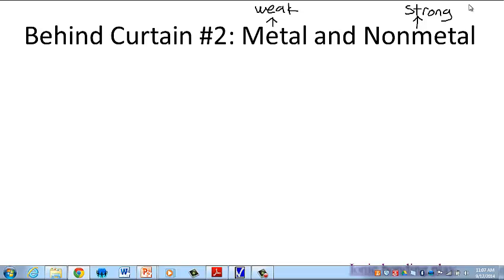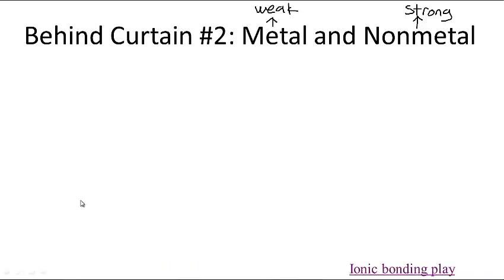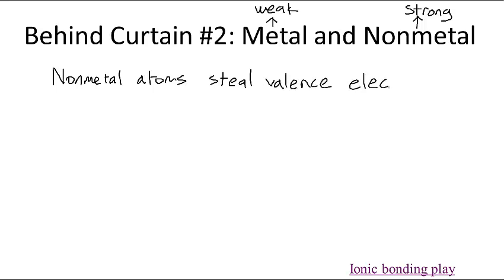So what's the point here with ionic bonding? The metal loses valence electrons to the nonmetal, or the nonmetal steals valence electrons. And once that happens, you create positive and negative ions.